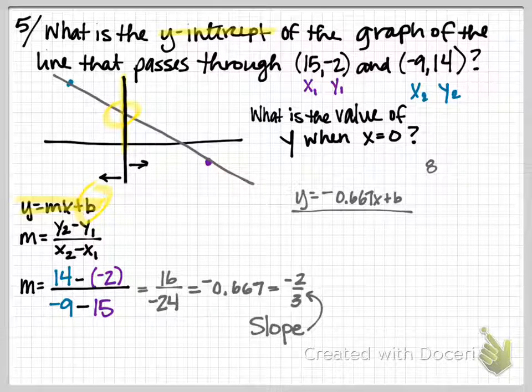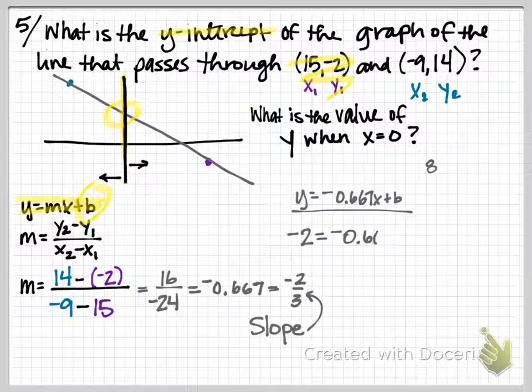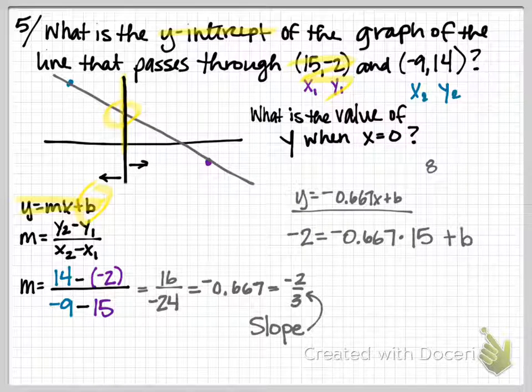What you can do from here, if you're going to keep listening, it's fine if you're done, is plug in your y value, either one. So I'm going to choose the first one. So I'm choosing this point here. -2 equals -0.667 times 15 plus b.